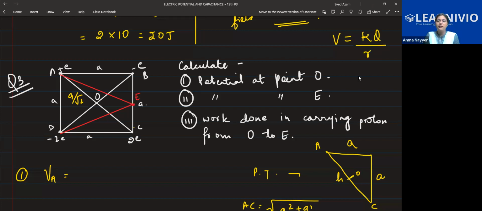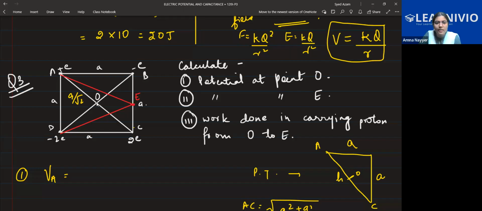When you have the force and if charges are identical, that is KQ square by R square. For electric field, one charge gets removed: KQ by R square. For potential, even one of the R gets removed. So KQ by R. Remember this. So Ali, now apply it here at point O due to A. What should I write?